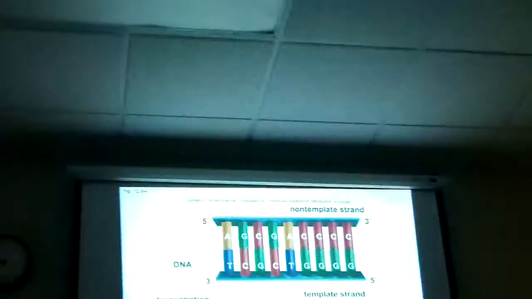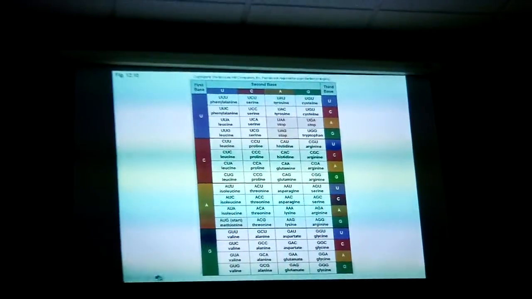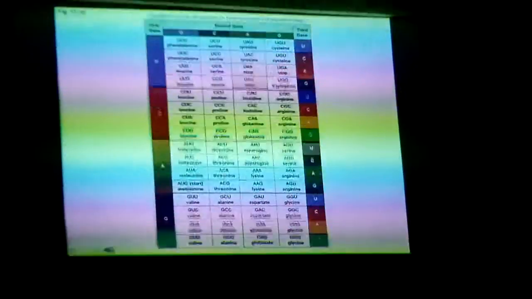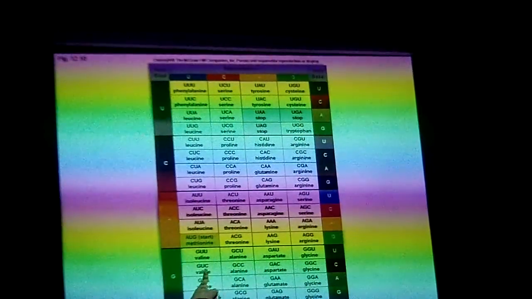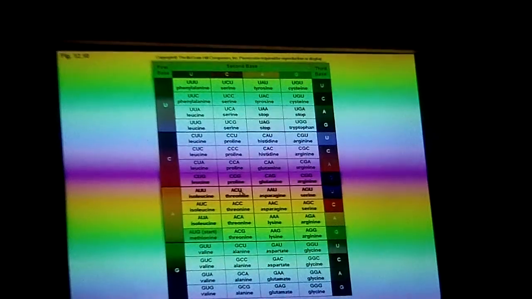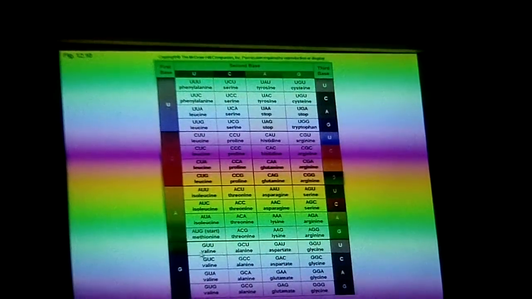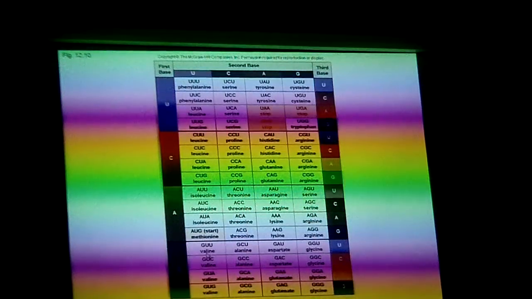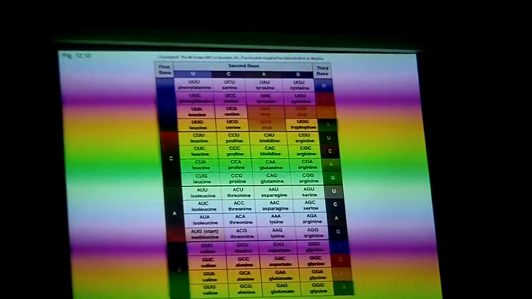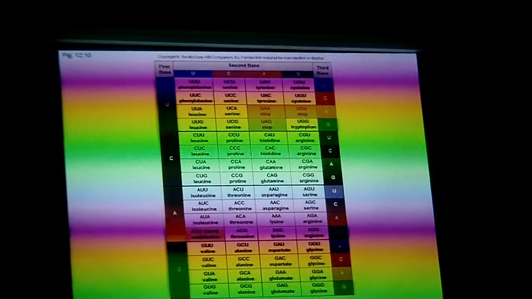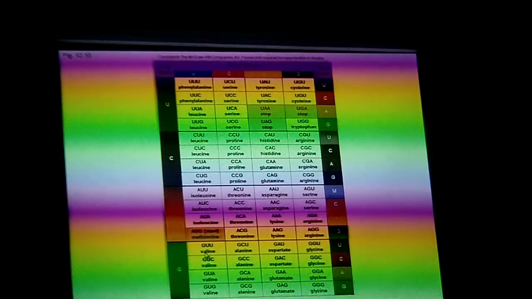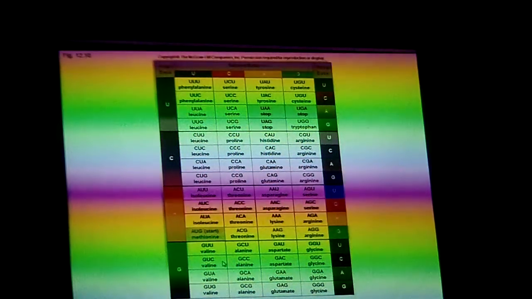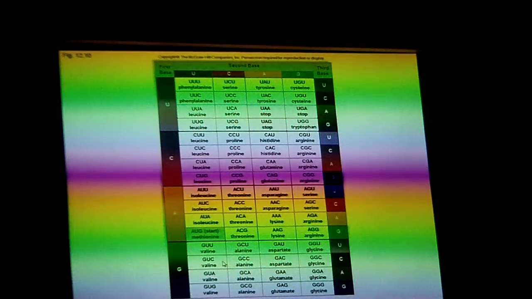Okay. Go to this chart here. Remember this chart? Yeah. This chart tells what amino acid a sequence gives. Like GUU will stand for valine. But if we screw up and we get a mutation that changes the GUU code to GUC, guess what?